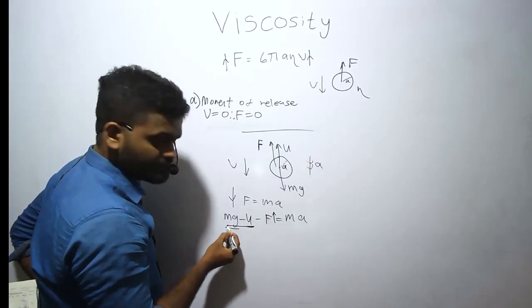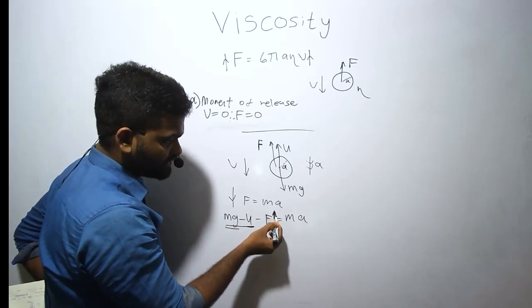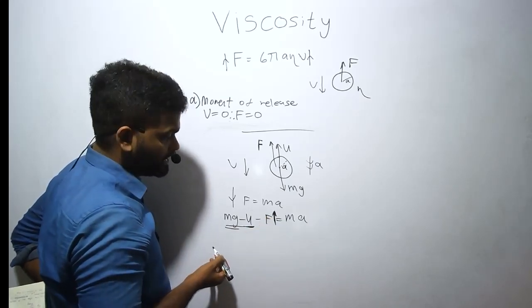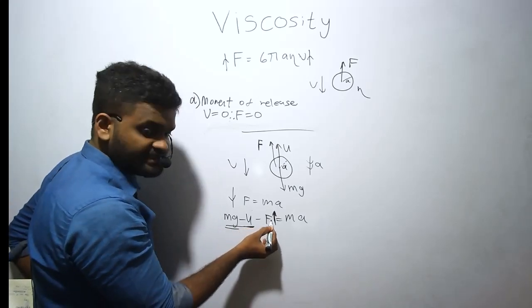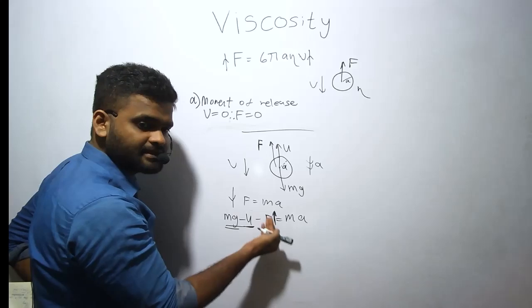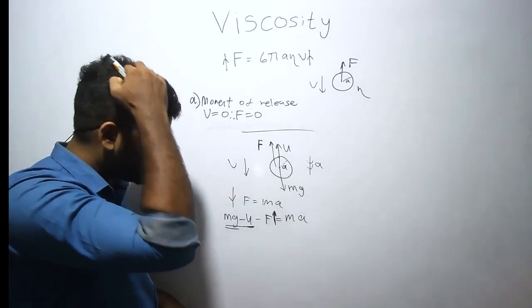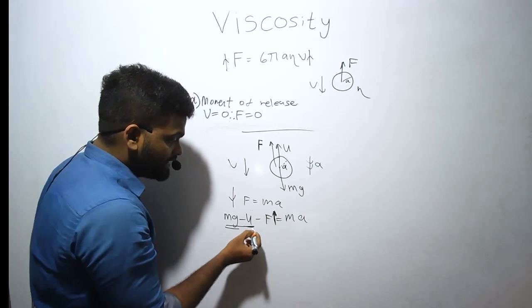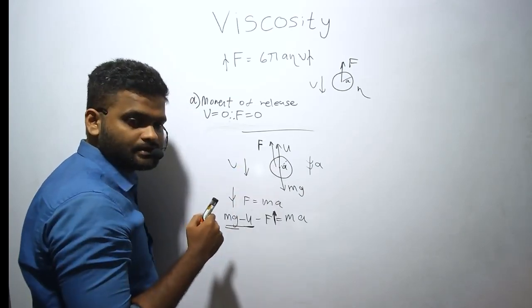So this is a constant, and this F is increasing. Initially this is 0, but it gradually builds up. As the speed increases, the resistive force also increases. Then what happens to the net force that is accelerating this downwards?